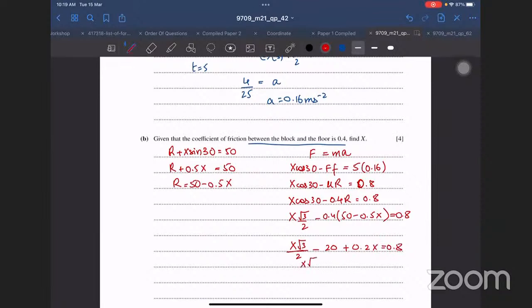Okay, 20.8. I can factor out an x and then say that x equals 20.8 divided by root 3 over 2 plus 0.2.